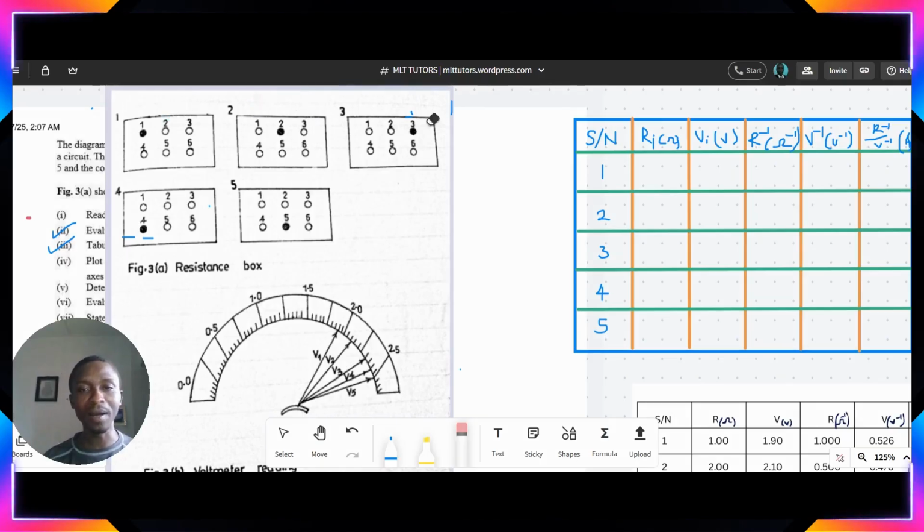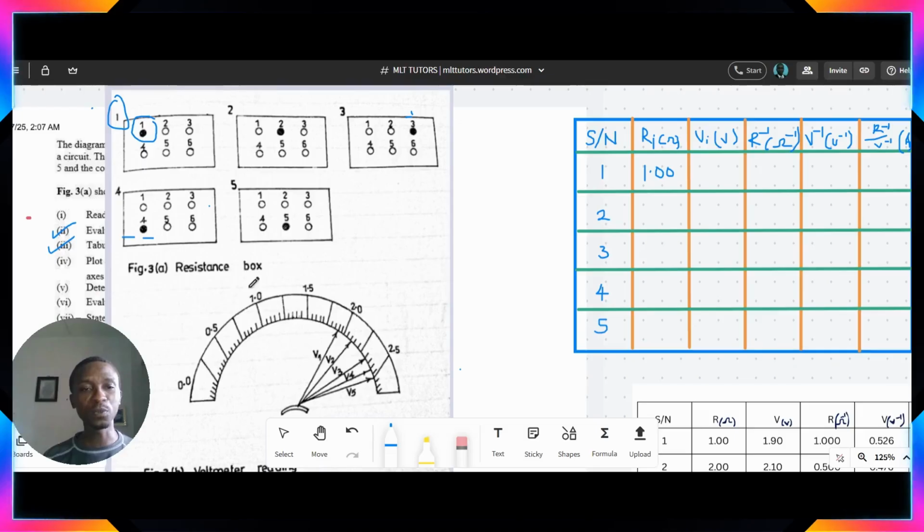So for our first R, R1, here is R1, and the value of the resistance on the R1 is actually 1 ohm, because that's the only key that was open in the resistance box. So here will be 1, but we are not going to write 1 since it is practical. We write 1.00.